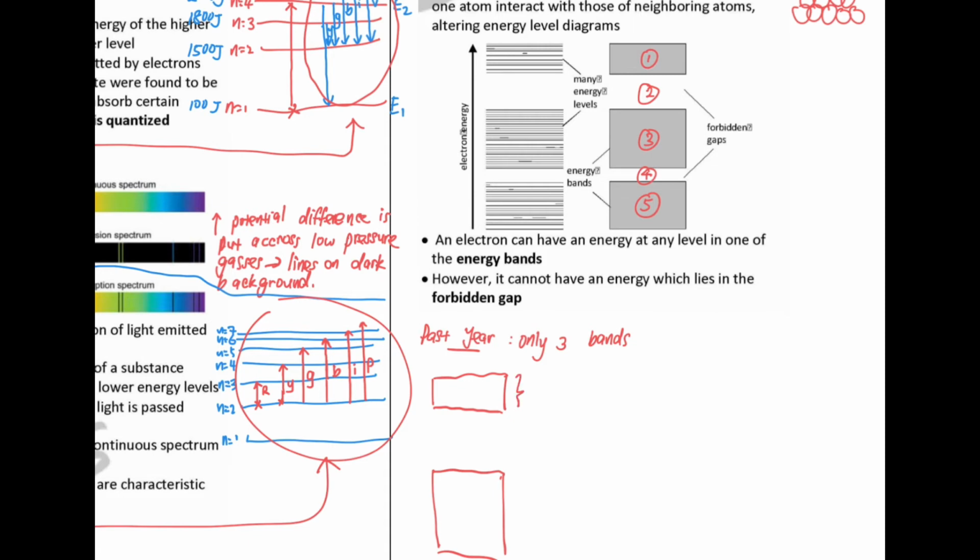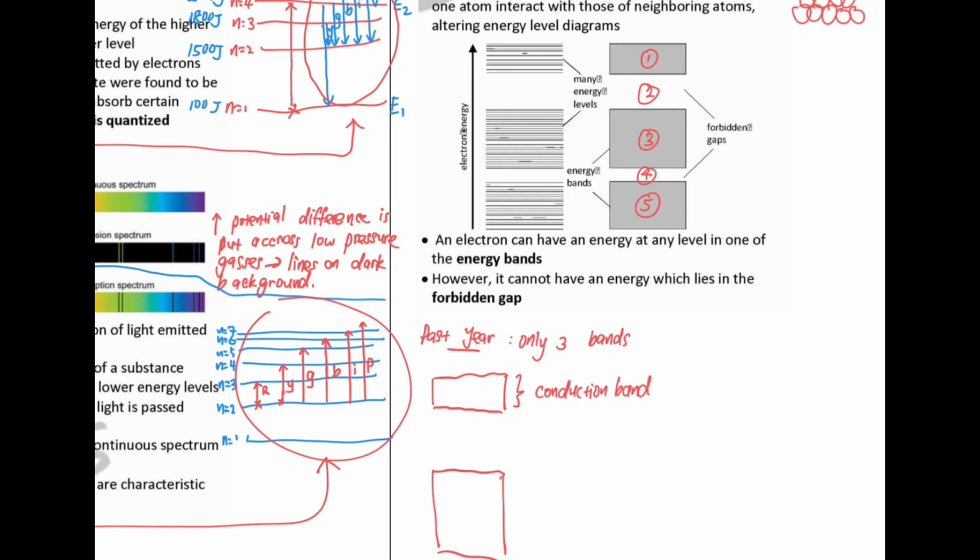So what is the conduction band? Imagine metals. Metals can conduct electricity. When it can conduct electricity, that means the electrons are free to move around and carry the charge.